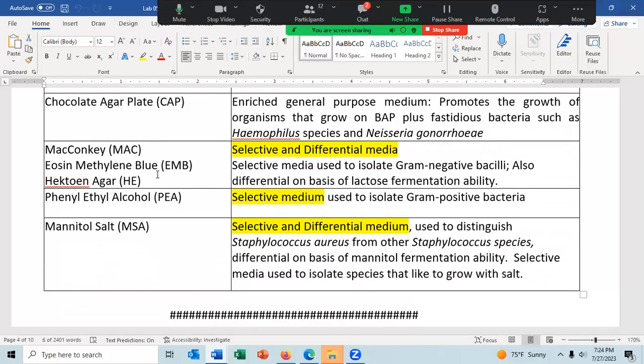MacConkey's, if it ferments the sugar lactose, it'll be pink in color. EMB plates, if it ferments the sugar lactose, it'll either be dark, like black, or a metallic green color. And then Hektoen enteric agar is differential. If it ferments the sugar lactose, it'll be salmon colored. If you don't know what salmon is, it's an orangish pink color.